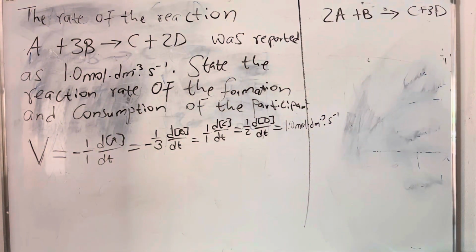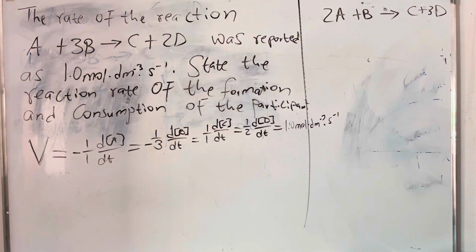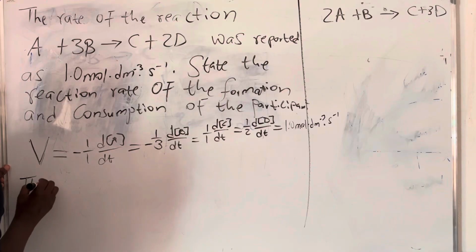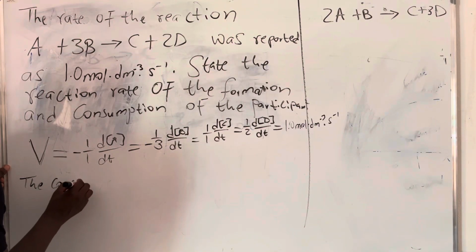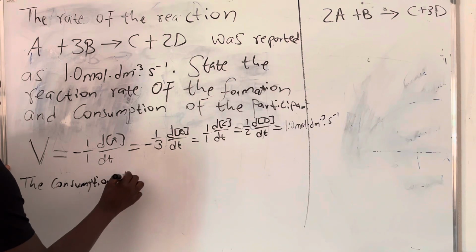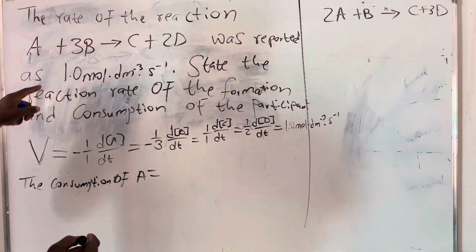So from there, we are now focusing on each participant, right? The first participant is A. So A is not a formation, it's a consumption. So we'll say the consumption of A is equal to, what will be the consumption of A?